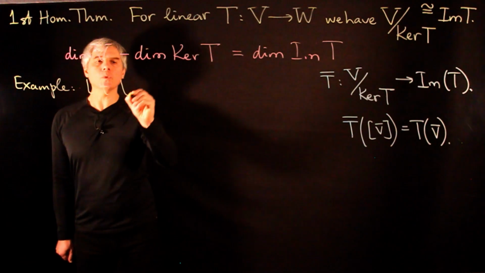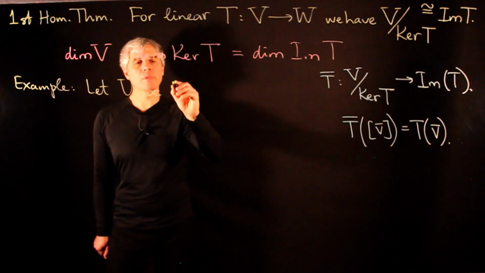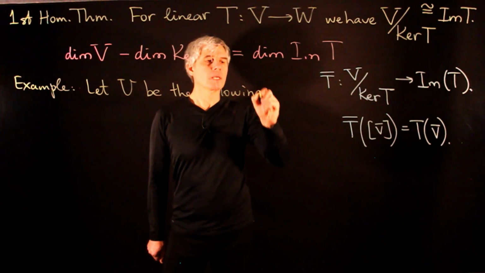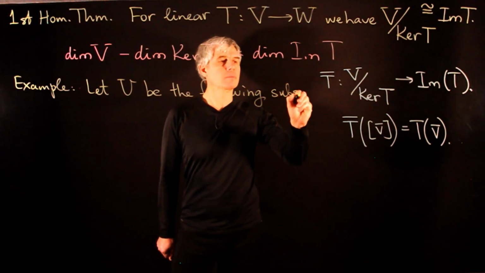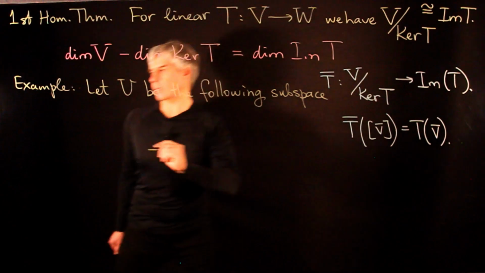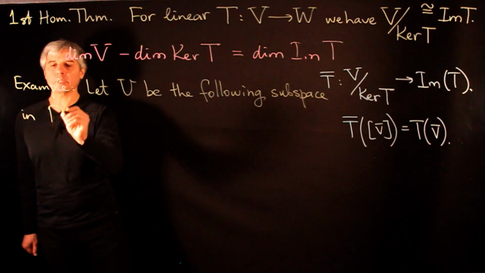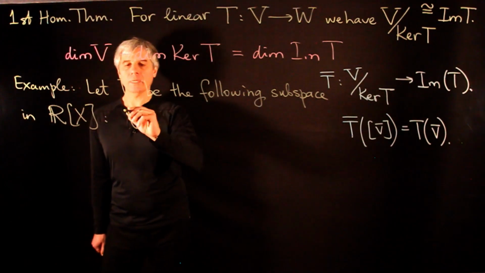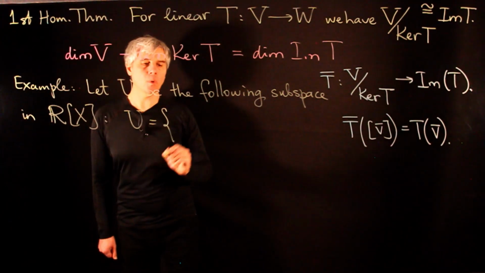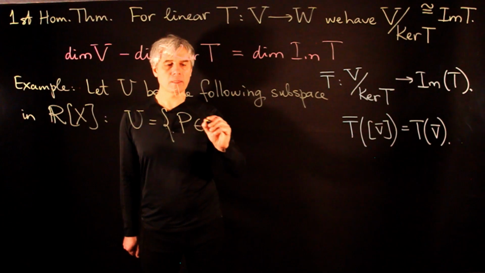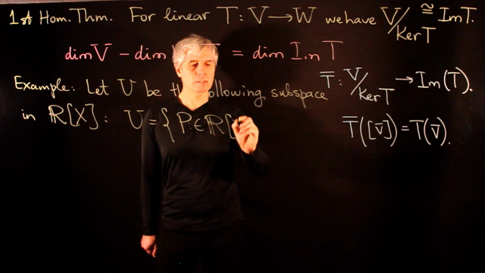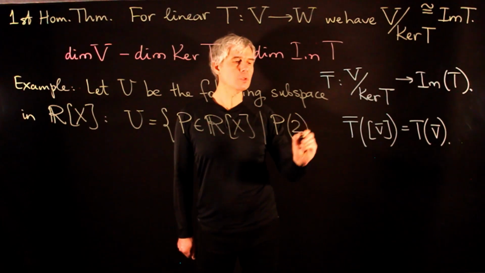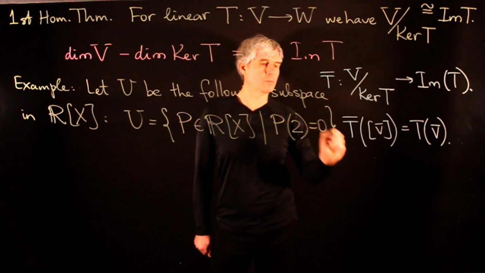Let U be the following subspace in the space of polynomials with real coefficients. So U consists of all polynomials P in R of X such that P evaluated at point 2 is equal to 0.